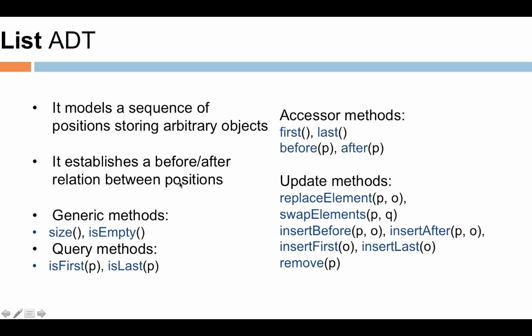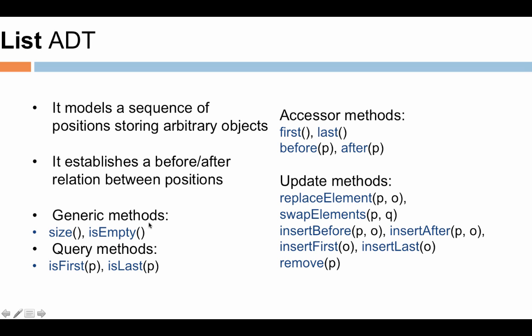And every position has a well-defined before and after, that is a predecessor and successor, except for the first element which does not have a predecessor and the last element which does not have a successor. Observe, we've only spoken about the data items. Data items are positions.